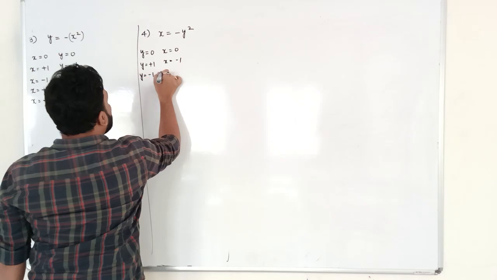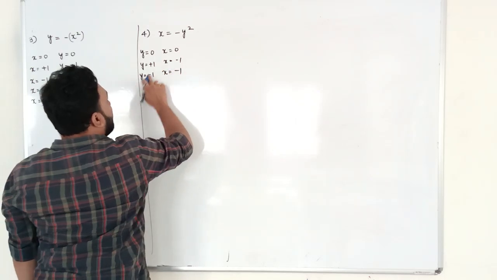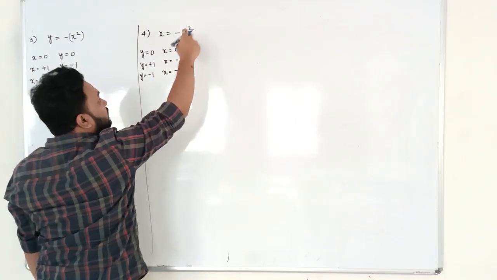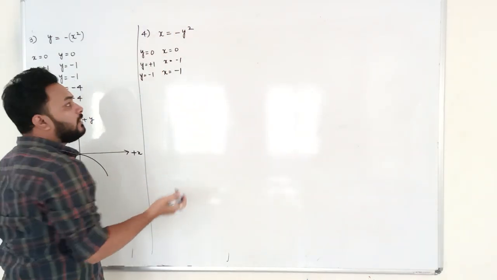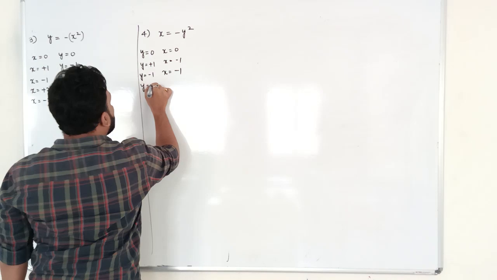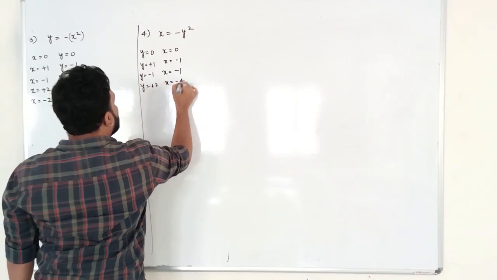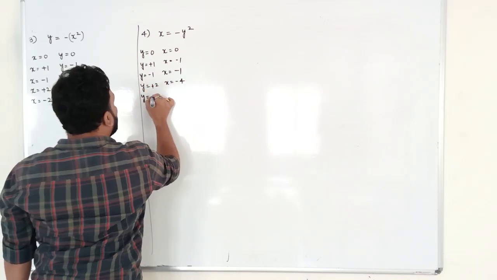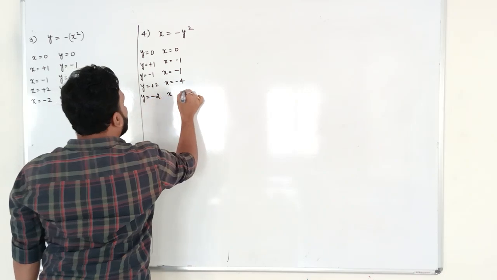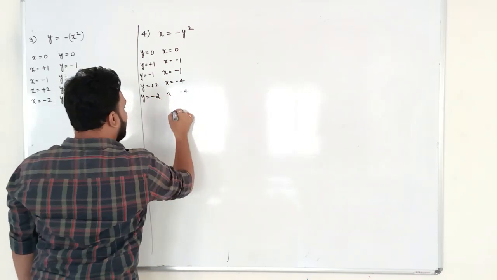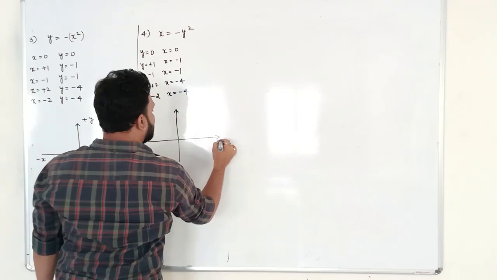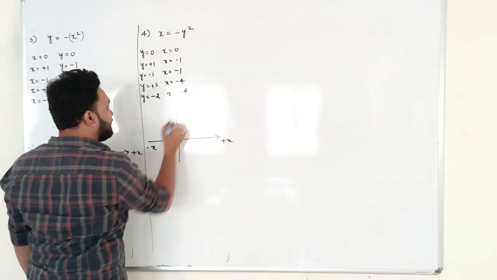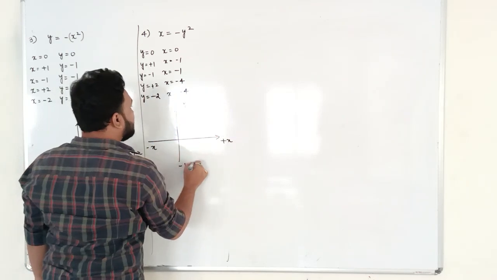Y equal to minus 1, x again minus 1, minus 1 whole square plus 1, plus into minus, minus, we are getting minus 1. Y equal to plus 2, we are getting x equal to minus 4. Y equal to minus 2, x we are getting as minus 4. If we take the graph in terms of this is plus x, this is minus x, this is plus y, this is minus y.